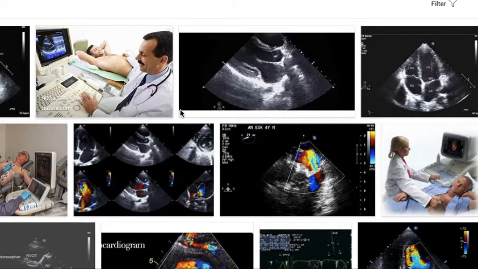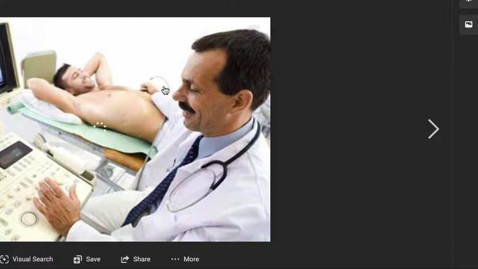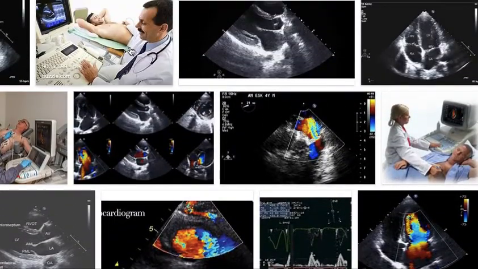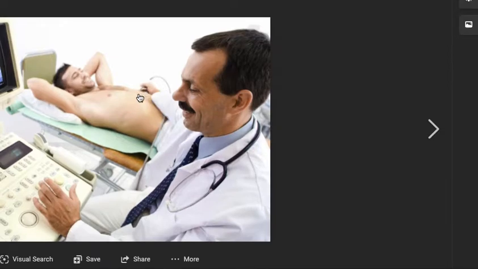See, this is a person performing an echocardiography, and he has put a probe on the chest of the patient. This probe has the same basis as ultrasonography, right? Ultrasonography uses sound waves, so this one also uses sound waves. By the way, there are two types of echocardiography. This is transthoracic, because they put the probe on the thorax.